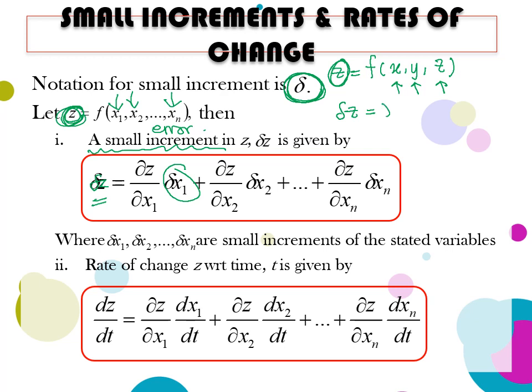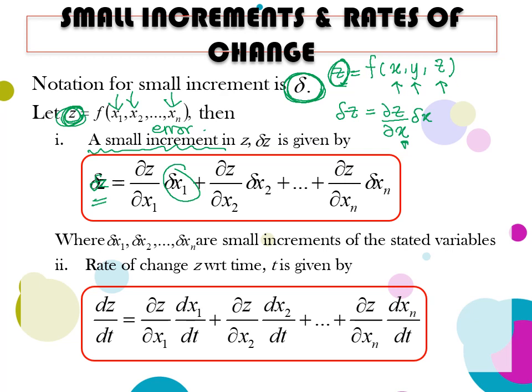So partially differentiate your z with respect to x first. You will assume y and z in the function as constant and then multiply with the increment of the respective variable. So the respective variable is x, so you find the small increment of x.